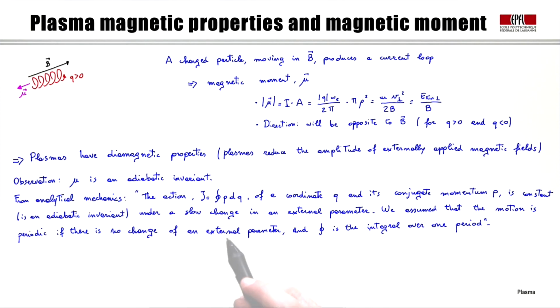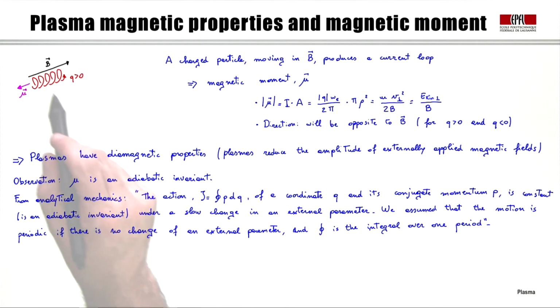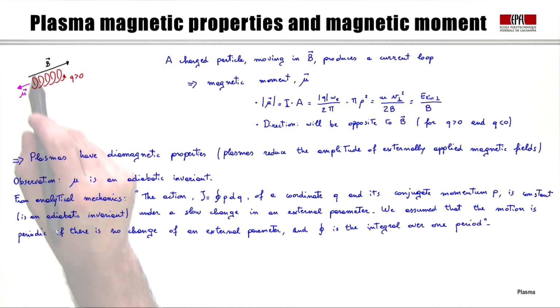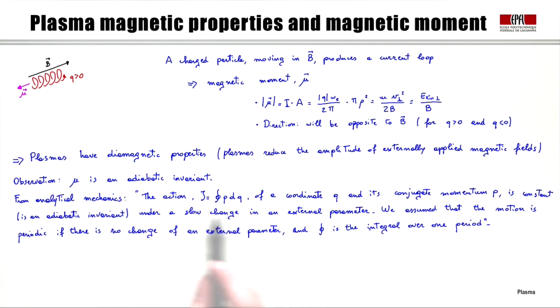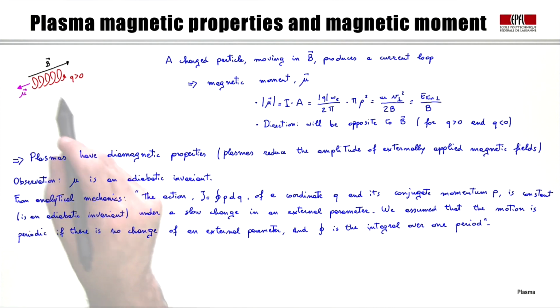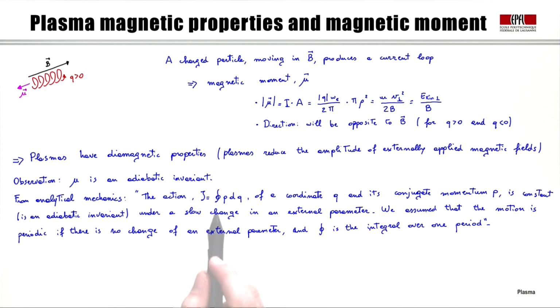Although the trajectory of the particle can change because the magnetic field is changing, this quantity will remain constant. We say it is an adiabatic invariant in the sense that it will be constant if the change of the external parameter is slow in comparison to the period, to the frequency of the motion.